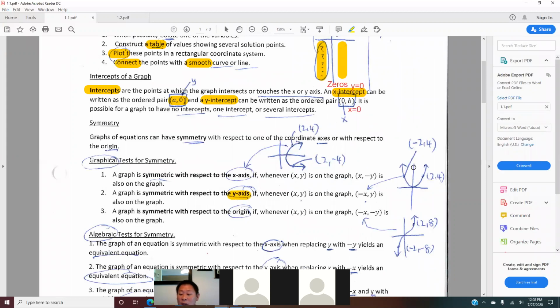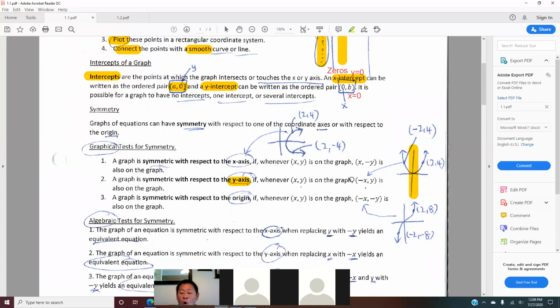The reason is that if you look at the y-axis, the two sides are a mirror image of each other. How do we know it is symmetric with the y-axis? You look at your coordinates: (negative x, y) and (x, y) will both be on the graph. For example, (2, 4) and (negative 2, 4) will be on the graph. So this is how we know it is symmetric to the y-axis.